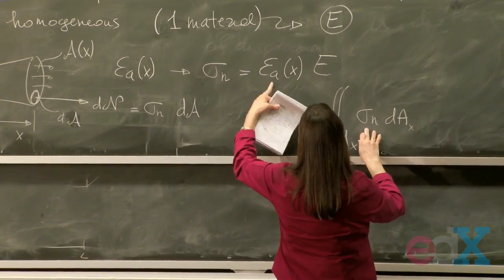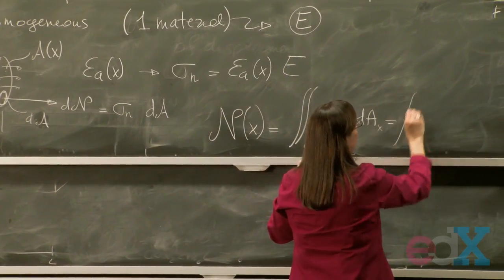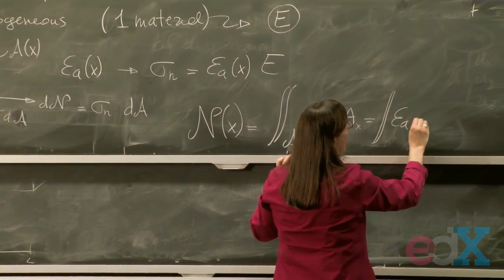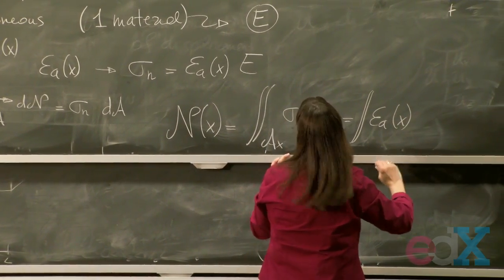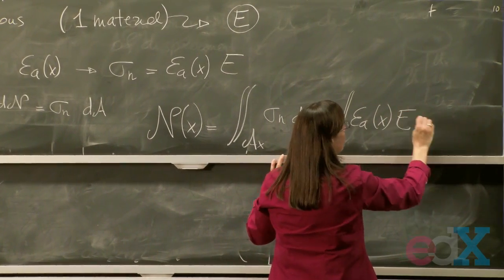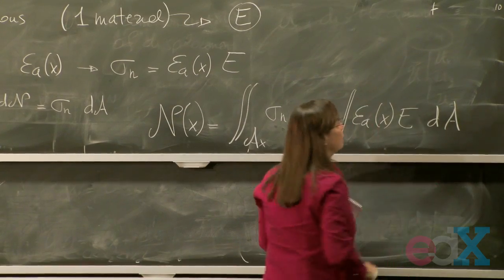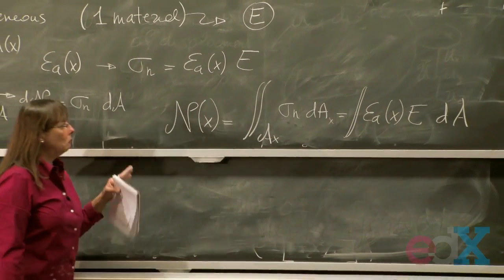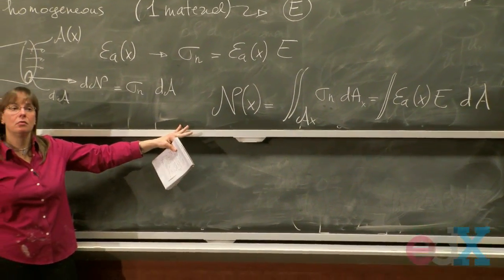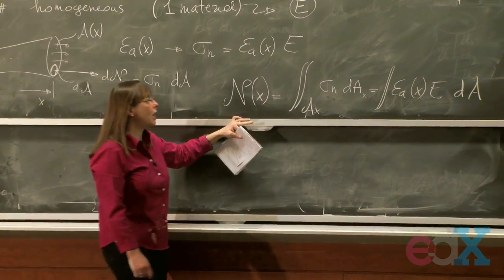And sigma n is that thing, epsilon axial of X times E, times dA. See this thing? It wasn't that hard to get it.